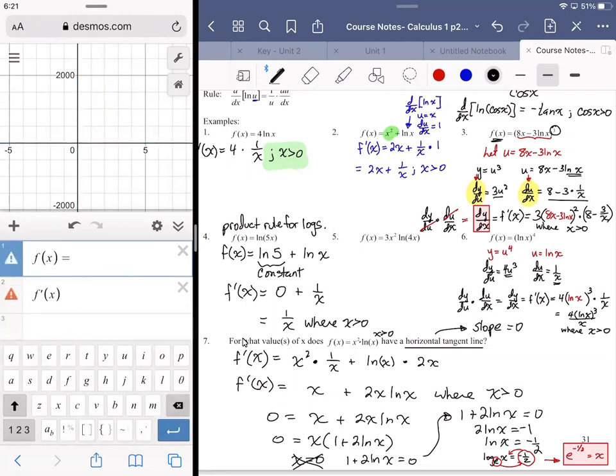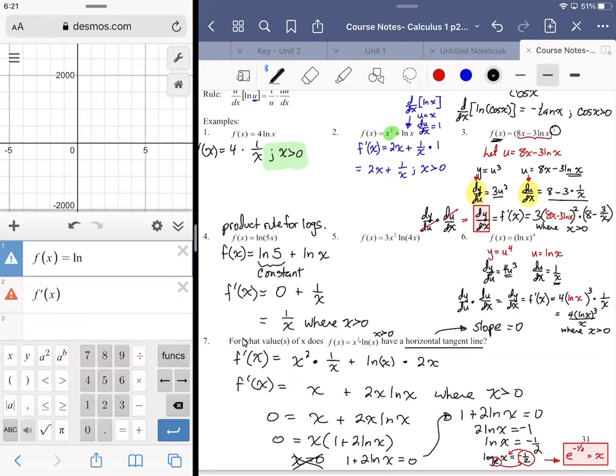So type in ln of 5, and the TI will tell you this too. Desmos is saying the derivative f prime of x is 0. It's not saying 0 sometimes, it's saying 0 all the time. It's telling us that the derivative is 0 for ln of 5. That's pretty nice.